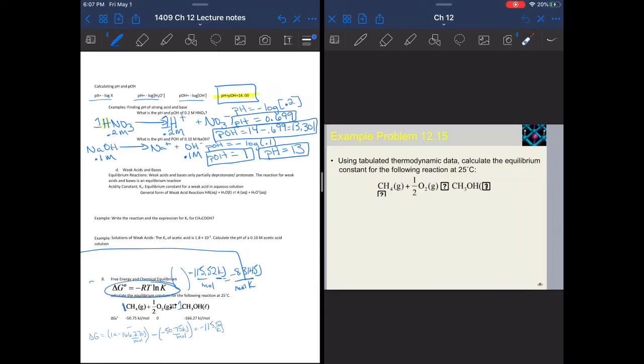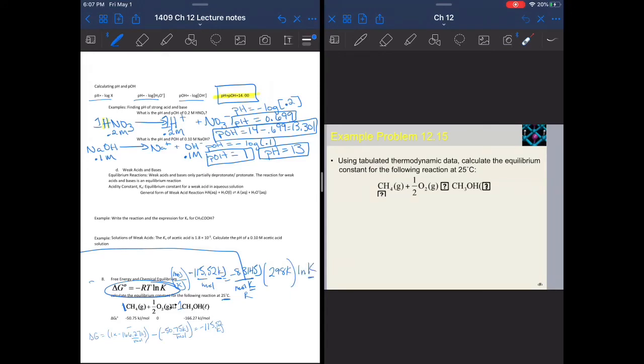I know there's 1,000 joules in 1 kilojoule. So make sure that you convert and get your units all synced up. So then we have R. Then we have to put in T. Now, if T is in Kelvin here, then we probably need to not use Celsius. So I'm going to use 298 K.